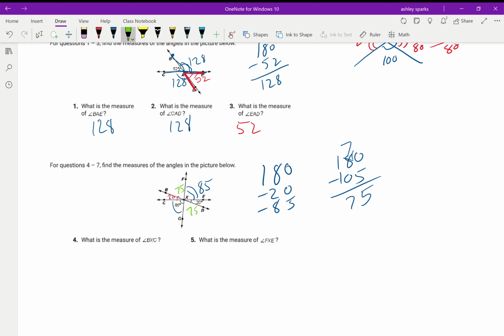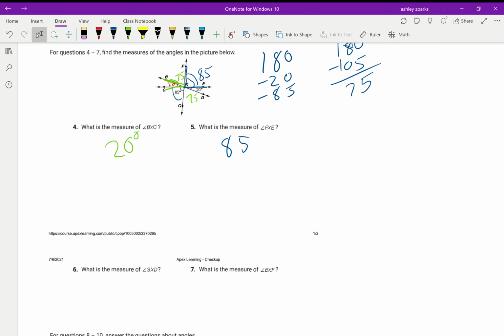So the first one is B to X to C. Well, that was my vertical angle to my original 20, so that's 20 degrees. F to X to E, that was my vertical angle to my original 85 degrees.